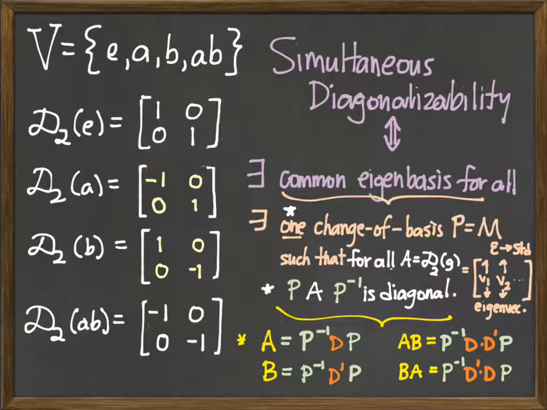What kind of matrices are D and D prime? They're diagonal. So when I multiply a diagonal matrix by another diagonal matrix, what can you say about that product? Let's say I do this product: 7, 0, 0, pi times negative 2, 0, 0, 1 half.